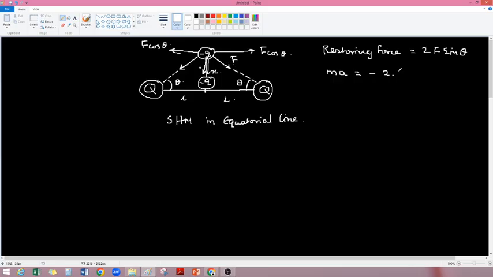F is kQQ by R squared. R squared is this distance. So this is L, this is L, this is x, this is root of x squared plus L squared.